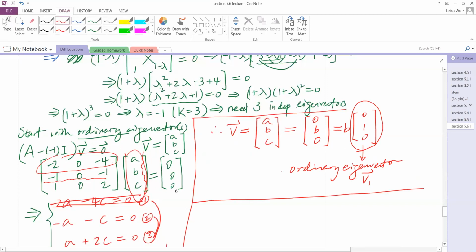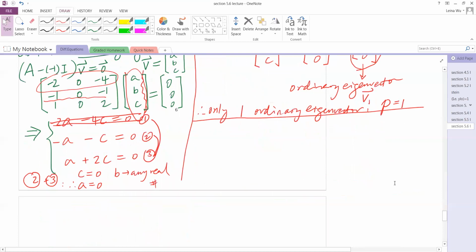So we have only one ordinary eigenvector, which means P that shows up in your algorithm would be 1. So what do we need to do next?